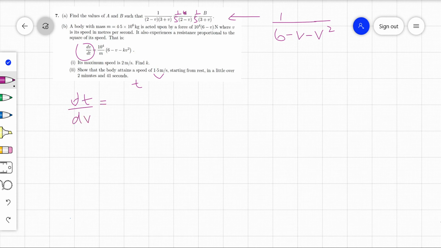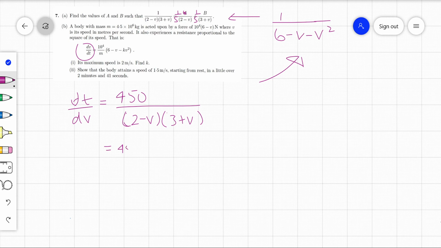So when I put that mass in before, I got 450, so that's going to be 450, and it's going to be on 6 minus v minus kv squared, just like this, 6 minus v minus 1 v squared, so exactly the same as that. So actually, I can separate it, but I'll just write this first. So it is actually equal to that, which is the same thing as 450.